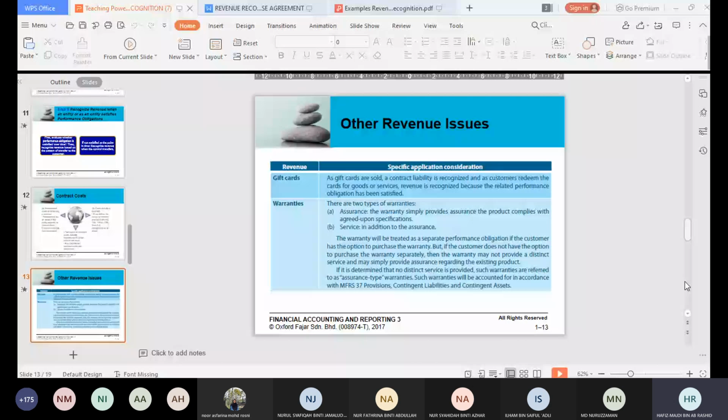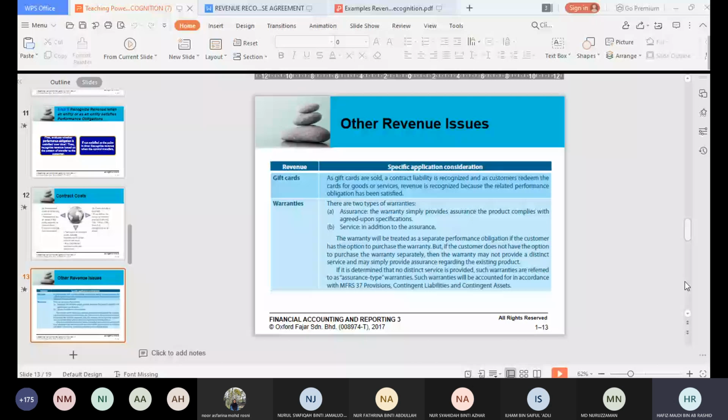How would you construct, okay, a building if you don't acquire a land? Okay, so the cost of the land could also be included into the cost of the construction. So that is the first other issue, some issues related to revenue from construction contracts.